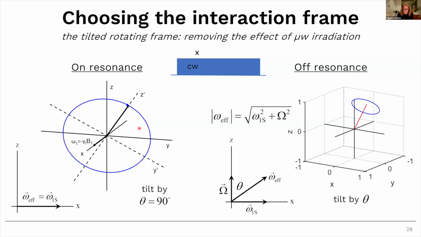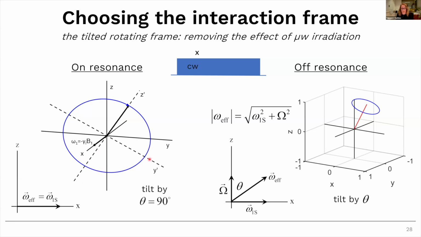If we want to transform to a frame where we no longer have this motion, we want the magnetization vector to stand still in our interaction frame. So we need to choose our frame to rotate around the x-axis, but in the opposite direction, so that my magnetization, even though I apply the microwave radiation, still stands still. And what that means is I need to tilt my frame by 90 degrees so that my z-axis aligns with x, and I rotate. So that's the tilted rotating frame.